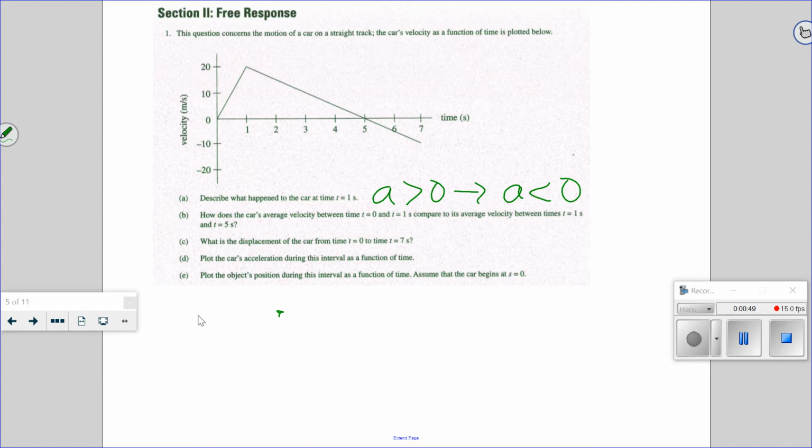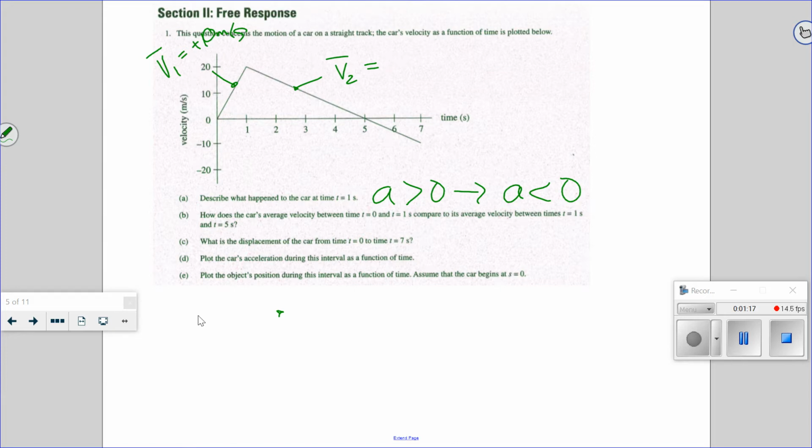How does the average velocity compare to its average velocity before and after? Let's just label it. We could call this average velocity number 1, which was plus 10 meters per second, and the average velocity number 2 is still positive.